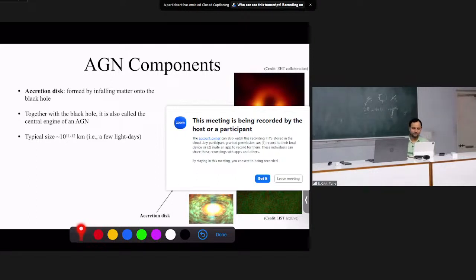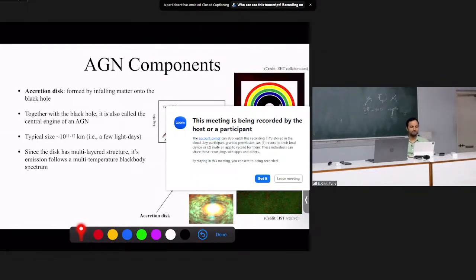The light takes a few days to reach from one end to the other. And not only the accretion disk, this entire galaxy is held by the gravity of the black hole. It's like the Papaji of a family, holding the whole family.